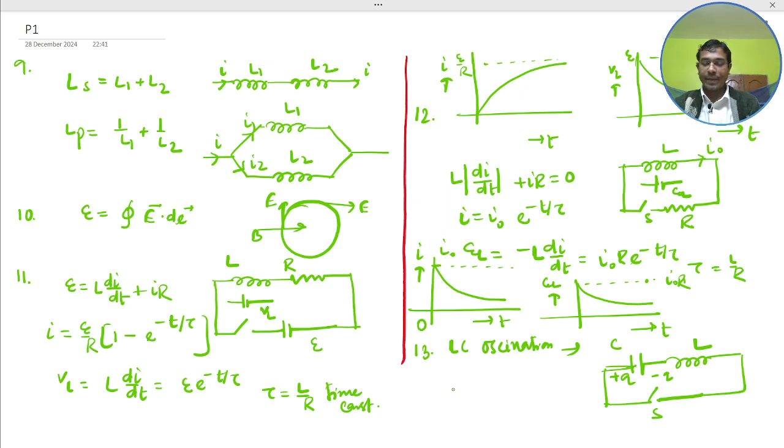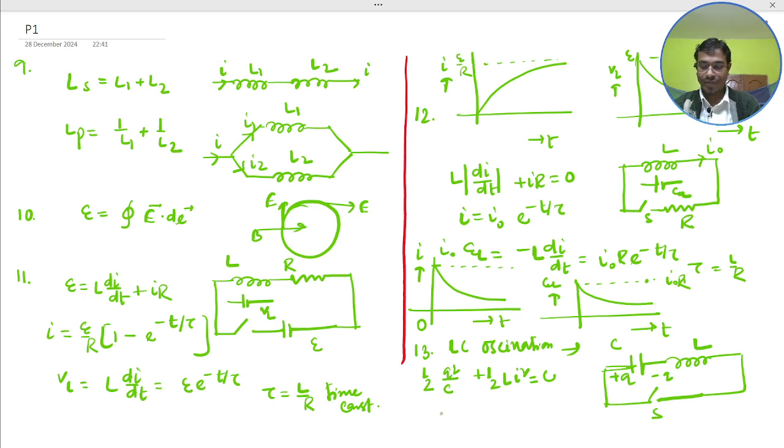So basically energy in the capacitor plus energy in the inductor equals a constant. Basically Q square by 2C plus half L I square is equal to constant.